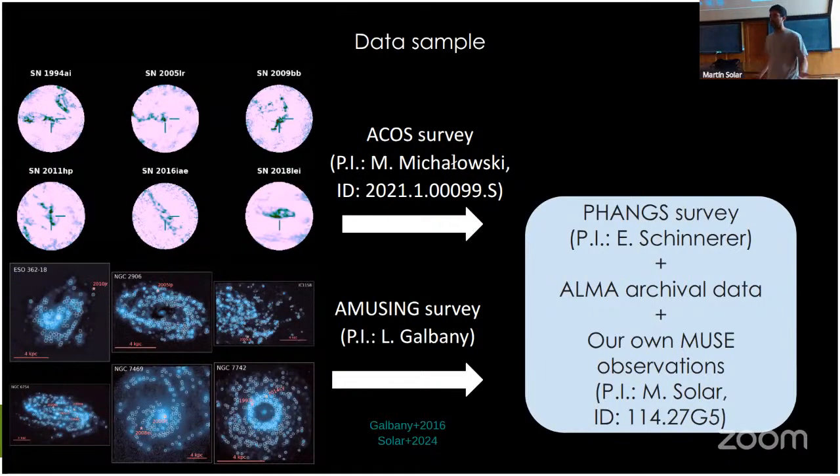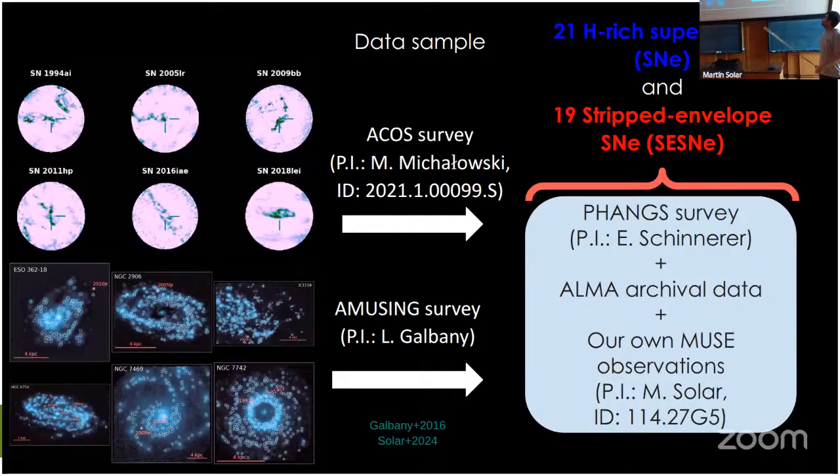We also made use of other data samples, for example PHANGS, archival data, which is basically data that is somewhere on the internet, plus our own MUSE observations that we got one or two years ago.